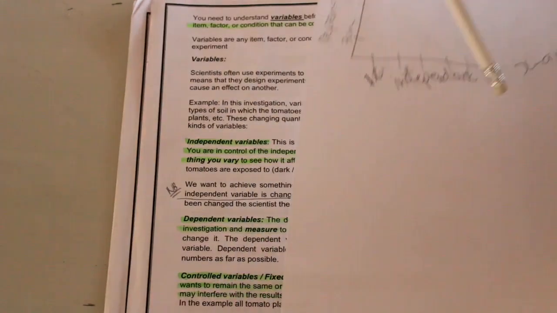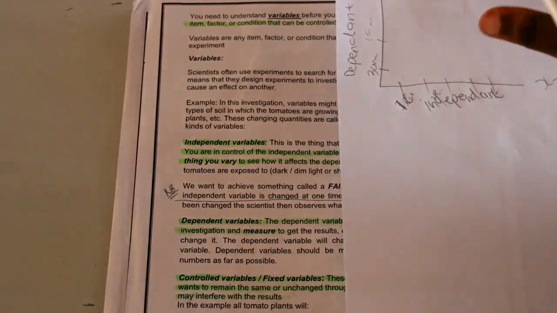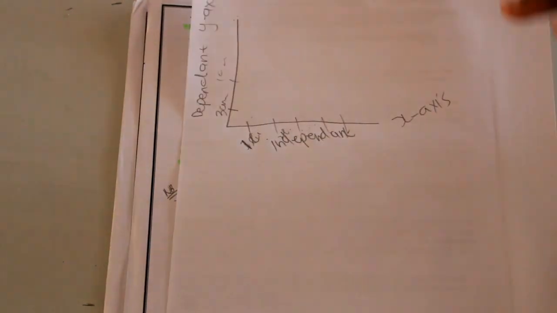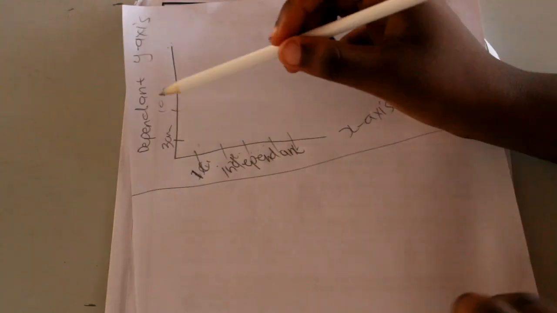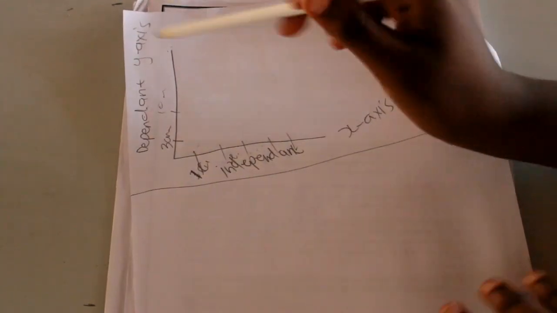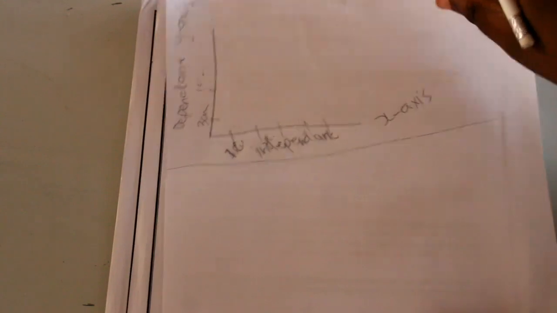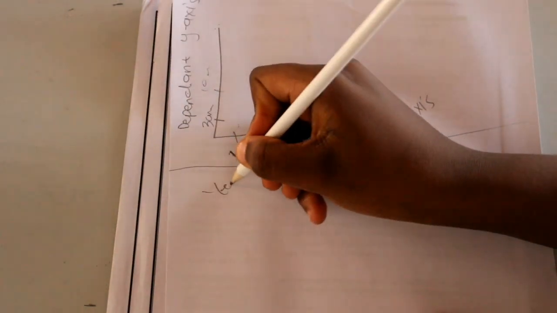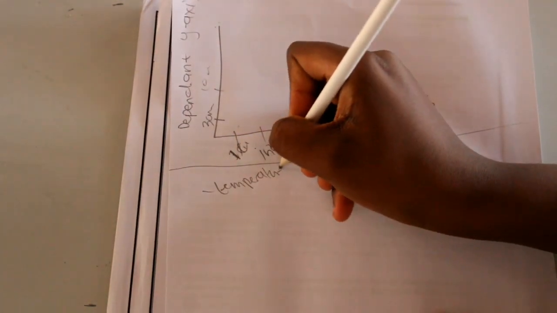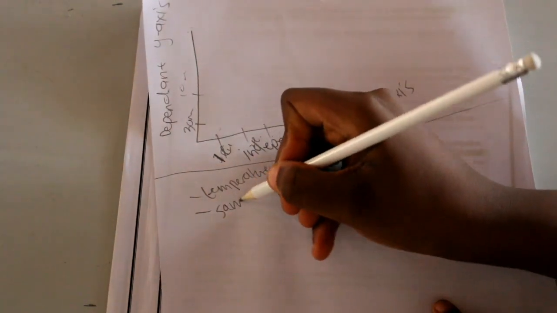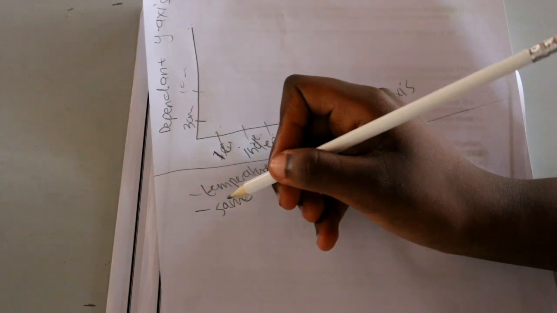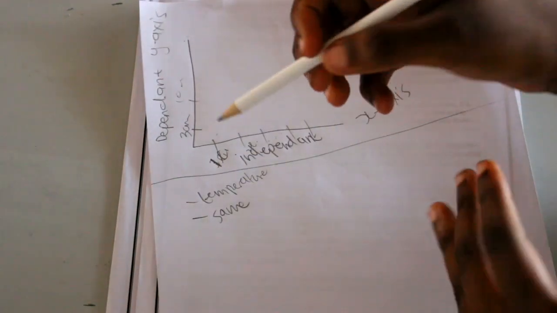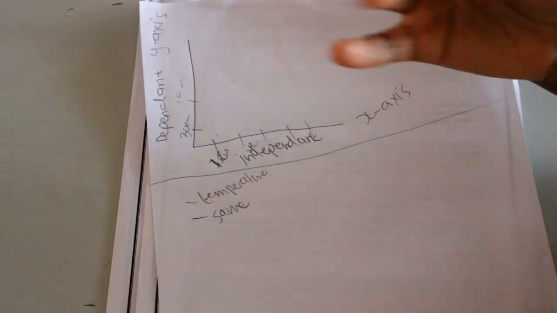And then the control variable, the fixed variable, is the one thing that we keep constant throughout the experiment because we can only change one factor at a time. For example, we're measuring the impact of water on the growth of a plant, right? So we have to keep things like temperature constant. We have to use the same plant because different plants grow differently. If we use different plants, the experiment is not going to be valid.